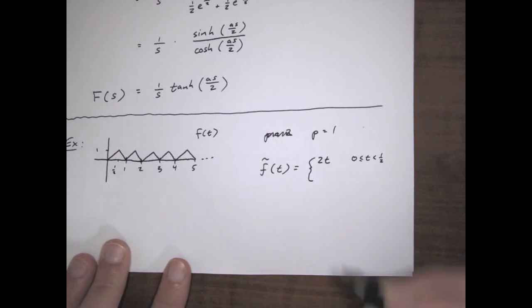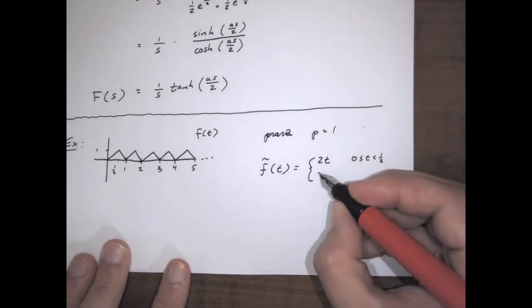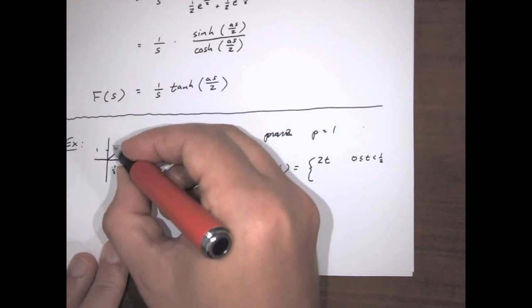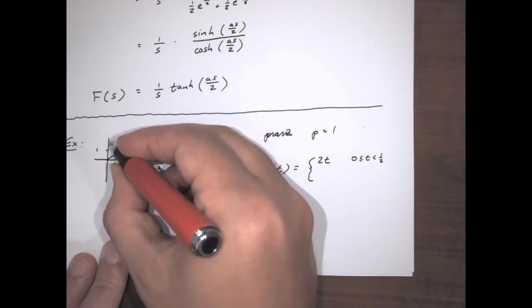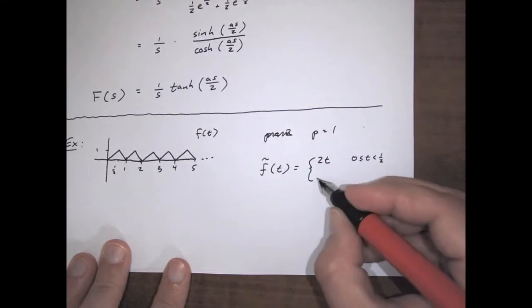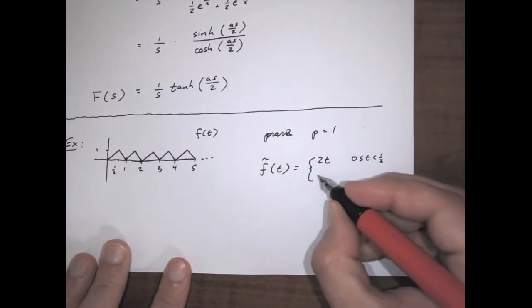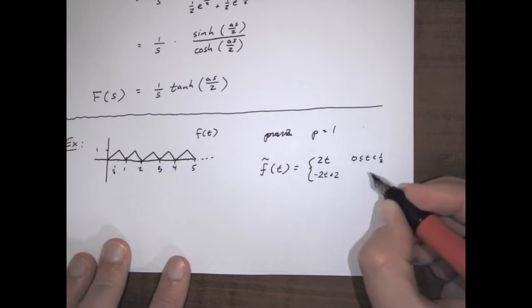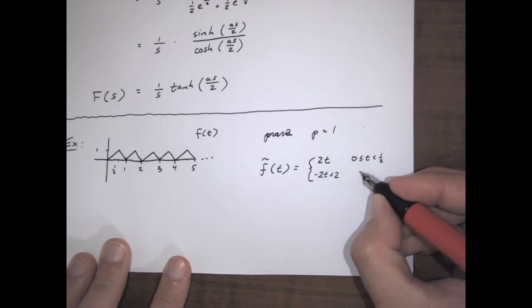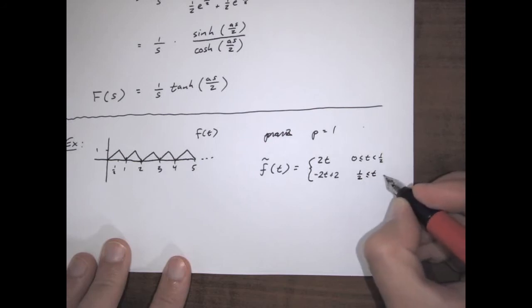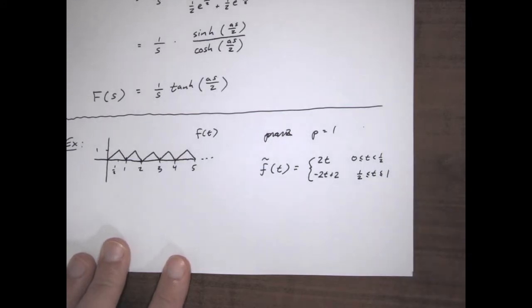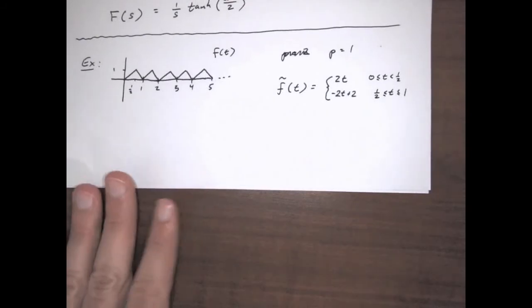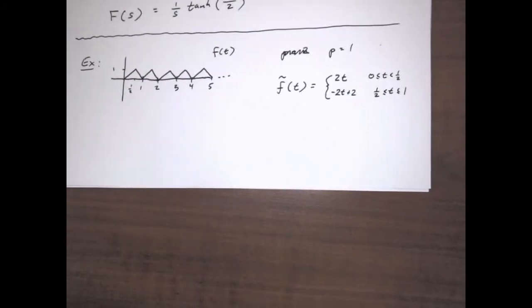So the slope is going to be 2. And then if we look at the downstroke, it would have been up at 2 if it had been allowed to continue. So that's going to be negative 2t plus 2, if 1/2 is less than or equal to t is less than or equal to 1. It doesn't matter so much which endpoints you include. Just try not to violate the well-definedness of your function.